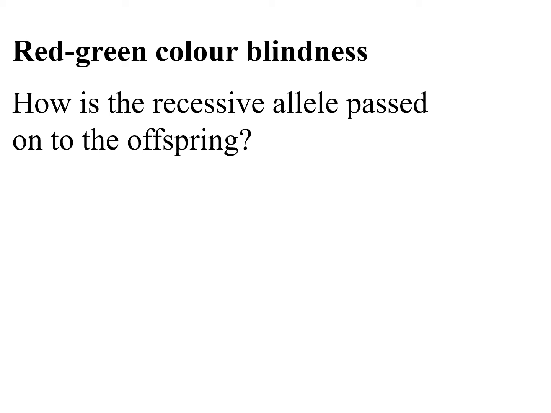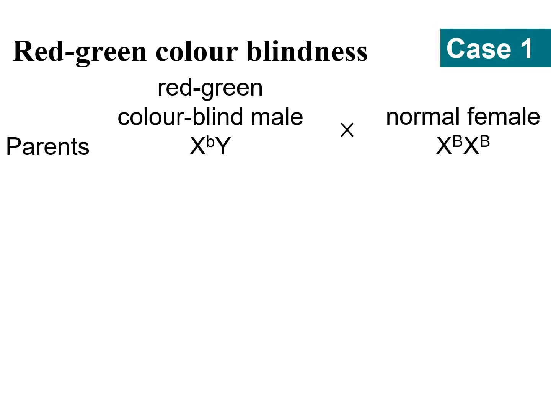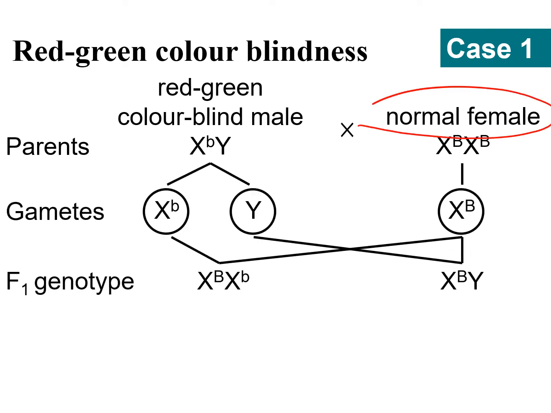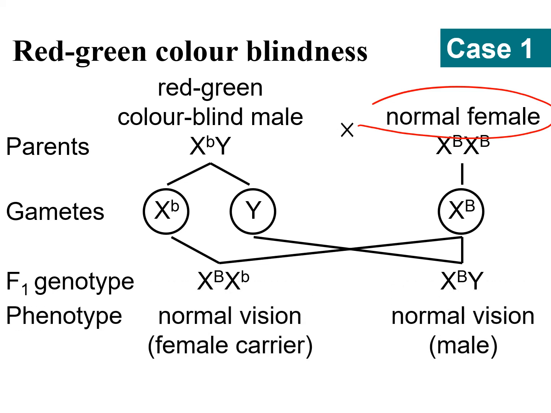Let's take a look at some cases of how the recessive red-green colorblind allele is passed from the parent to the offspring. For case 1, you have a normal female with both X chromosomes having the normal color vision, while a male with red-green color blindness has a recessive red-green colorblind allele on the X chromosome.